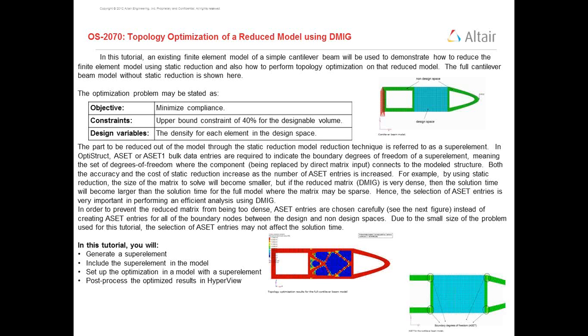Due to the small element size of the problem used for this tutorial, the selection of ASET entries may not affect the solution time. In this tutorial, we will see how to generate super elements, include the super elements in the model, set up the optimization in a model with super element, and post-process the optimized results in HyperView.